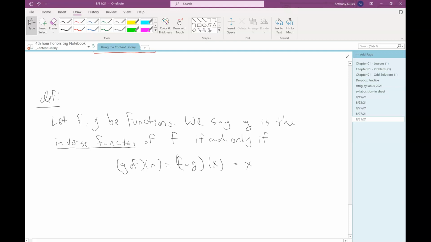So what this definition is really saying is if I take an input, x, and I do the function f to it, and then I take that result and do the function g to it, if it returns the original input x, then f and g were inverses, regardless of the order in which you use f and g. Right? That basically the one function is just undoing whatever the other function did. Does that feel okay?